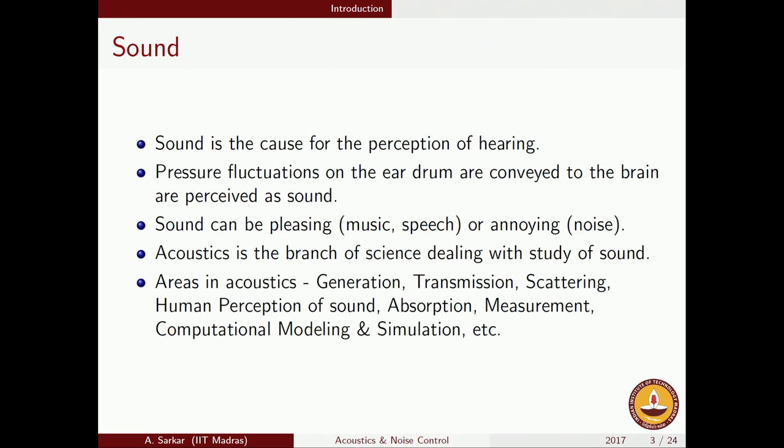Again, the generation is very difficult to tinker with, and there are engineering reasons which I will come to, but the transmission path from the point of generation of the sound to the point of reception has a lot of scope, wherein an engineer can use his or her ingenuity in order to reduce the sound as perceived by the receiver. So, the transmission path analysis turns out to be very important.